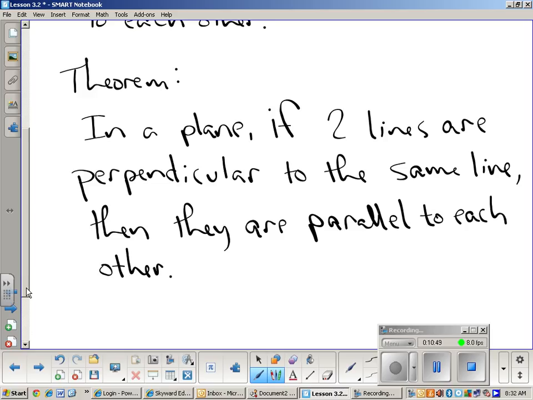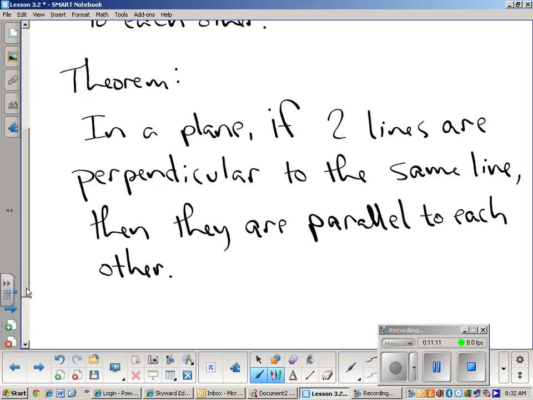We have to throw in a plane in here because if we look at the corner of a box, or the corner of the room, along the ceiling, that line and this line over there are perpendicular to the corner line. That doesn't make them parallel to each other. They're actually perpendicular to each other.